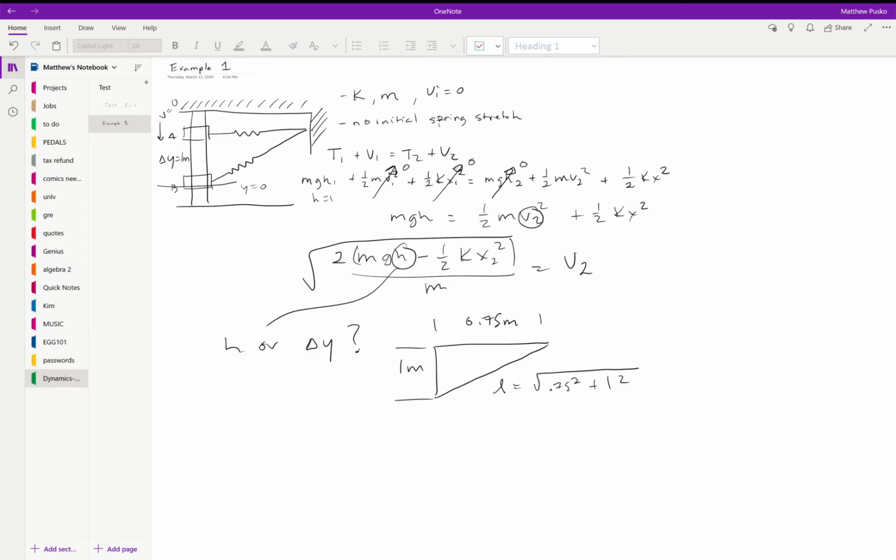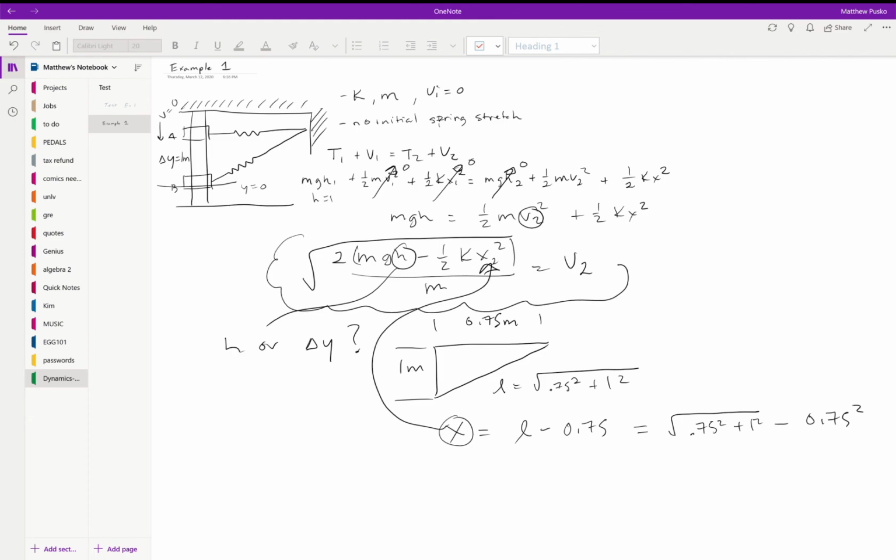The spring stretch that we're calling x is equal to this length L minus its initial stretch, which was 0. Giving us our final stretch, square root of 0.75 squared plus 1 squared minus 0.75 squared. So take that number, throw it up in there, and we know how fast it is moving at 2.